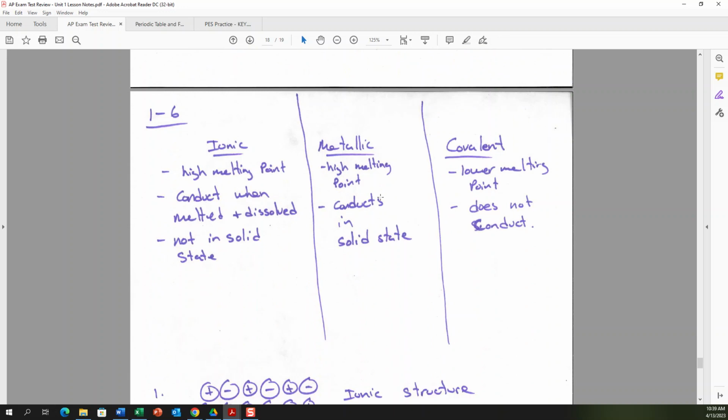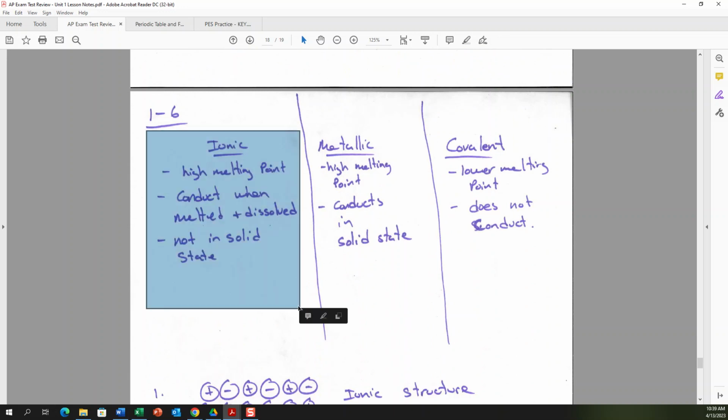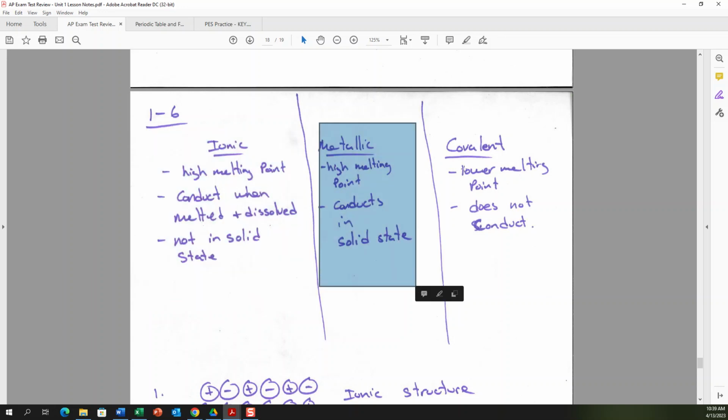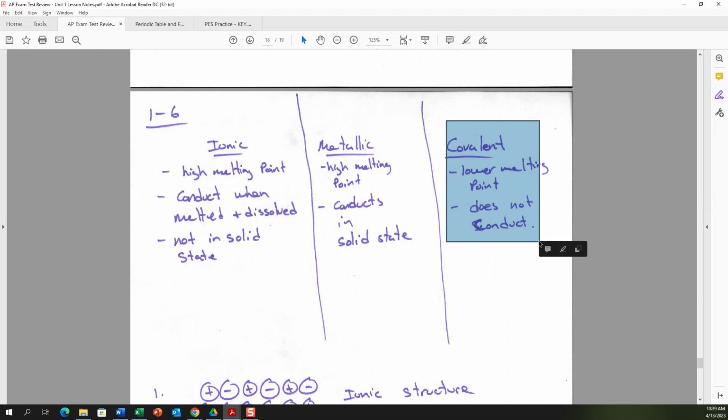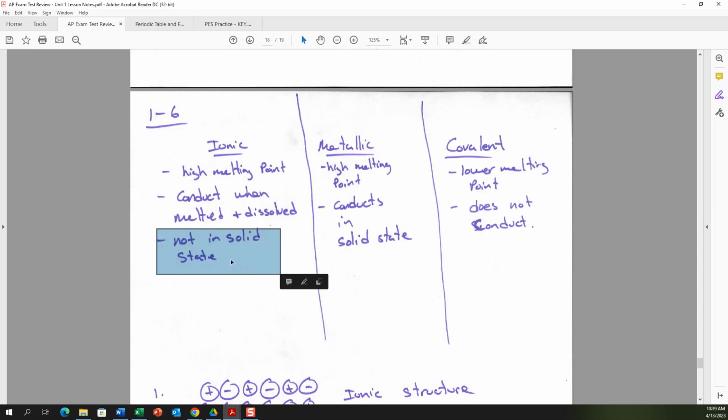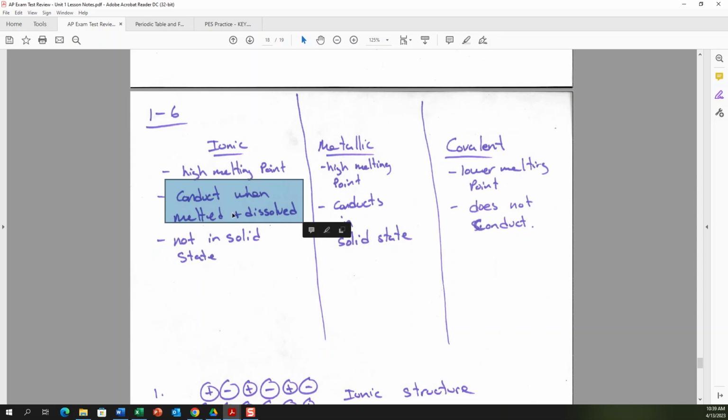Then 1-6. The things you want to remember about ionic compounds are that they have high melting points. Metals tend to have high melting points, and big covalent compounds can have some high melting points. Sugar has a decently high melting point compared to something like water. But the differences between them: ionic structures can't conduct electricity in the solid state, but will conduct when the ions can move, so if melted or dissolved in water.